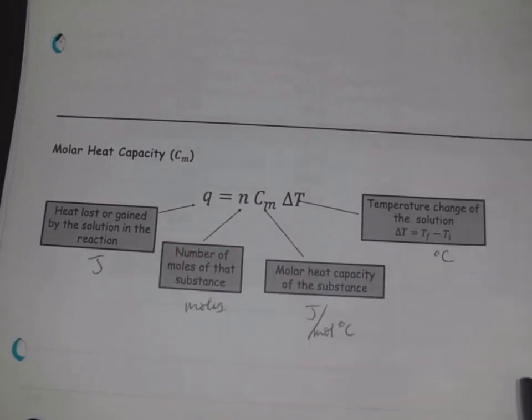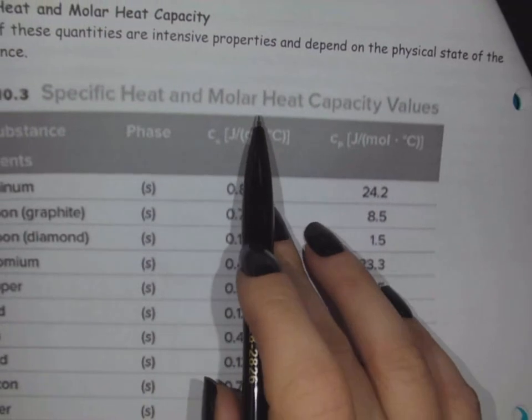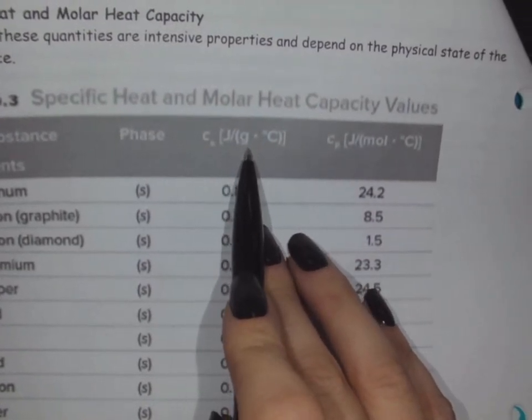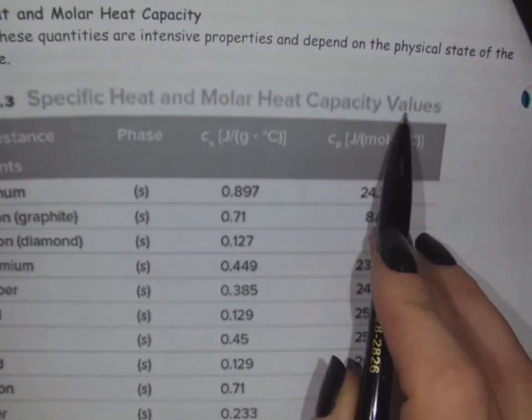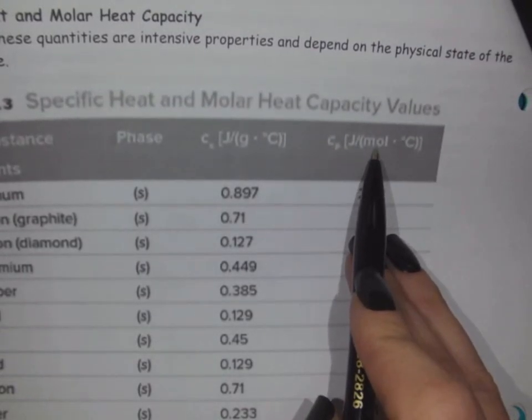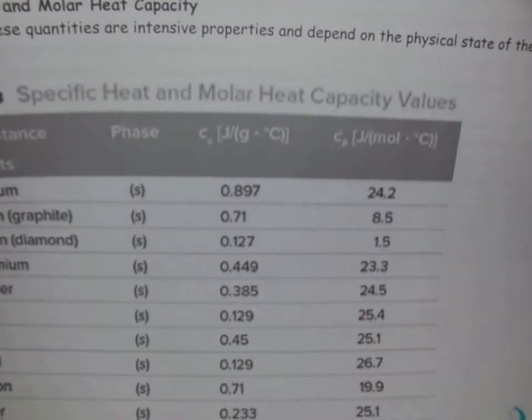And so it's really important to look at what is provided for you. Like I told you, sometimes they're going to give you a specific heat that has grams, and so your mass needs to be in grams. Sometimes they may give you a specific heat where it's moles, and if you're not already in moles, you might have to go to moles. Like if they give you grams, you might have to do a one-step goalpost to get to moles.